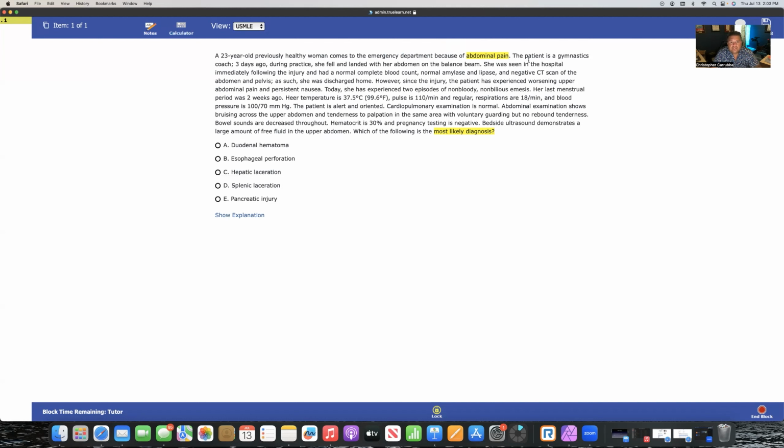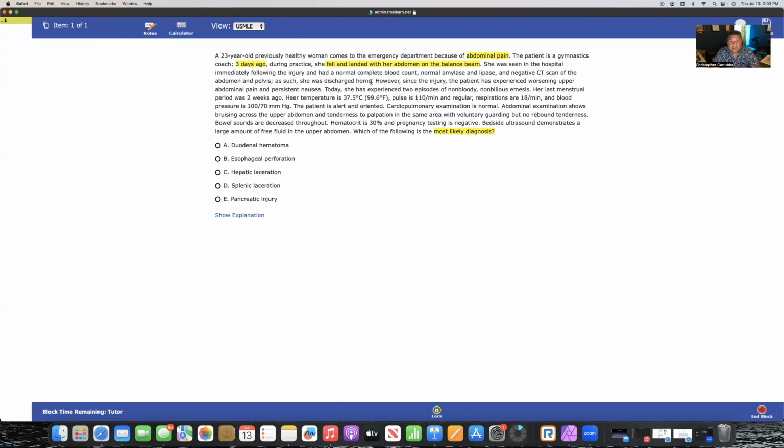We see that the patient is a gymnastics coach, and 3 days ago, during practice, she fell and landed with her abdomen on the balance beam. She was seen in the hospital immediately following the injury and had a pretty normal workup and was discharged home.